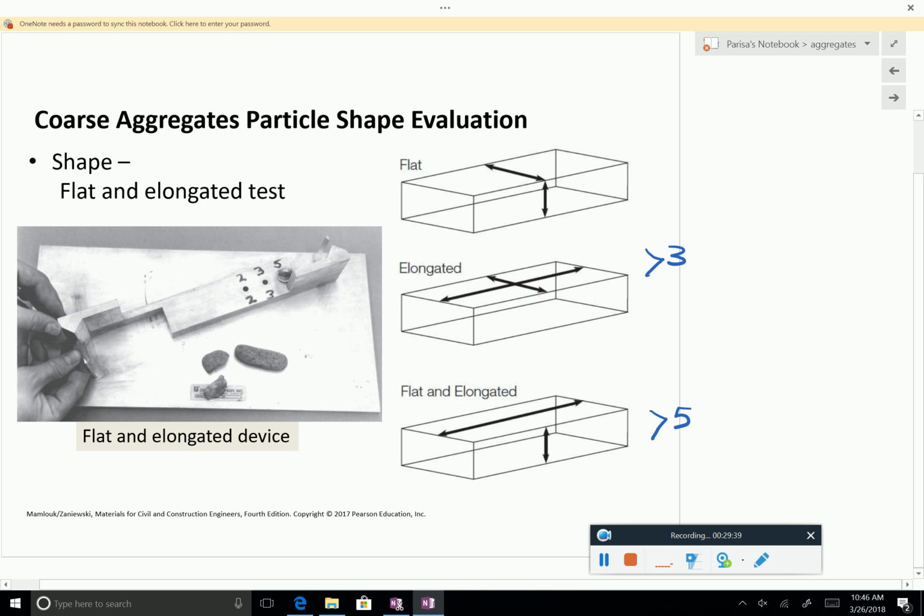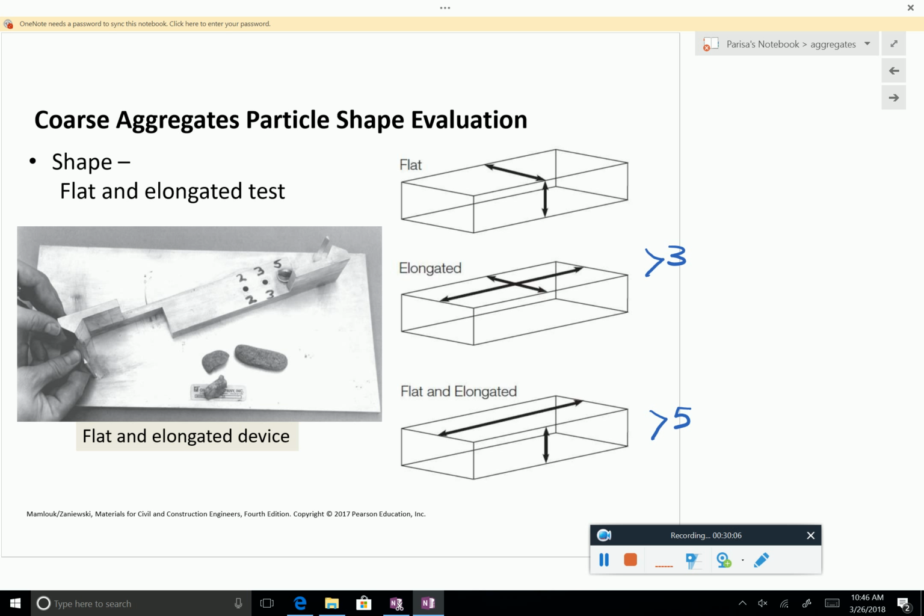Again, in the old times, people would use this kind of apparatus, very manual. You put the aggregates there and you check what these dimension ratios are. Now they're moving towards camera-based, video-based, so you just look at the pictures and automatically try to figure out what is the ratio of the sizes.